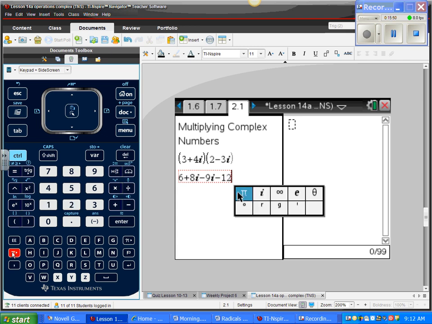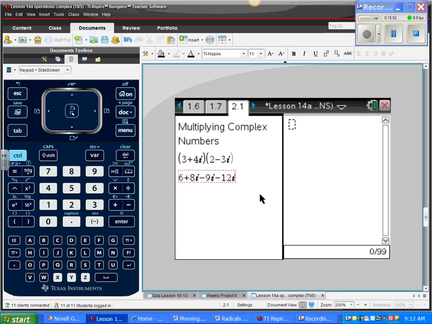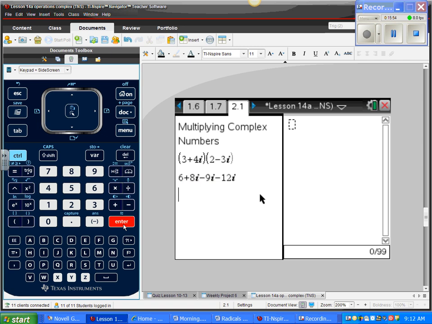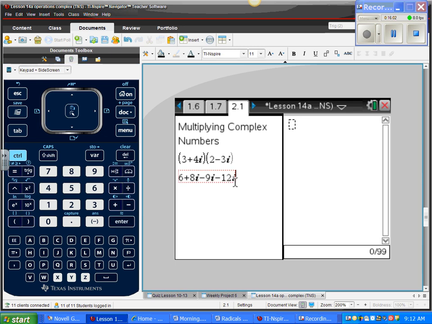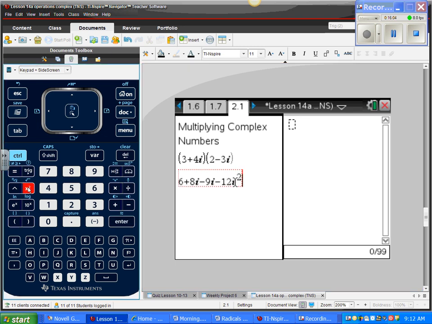Good, minus 12i squared. Okay, 12i squared. Got to make sure you have that squared. Don't forget about that. Oh, I forgot about it. Thought I had it. All right.